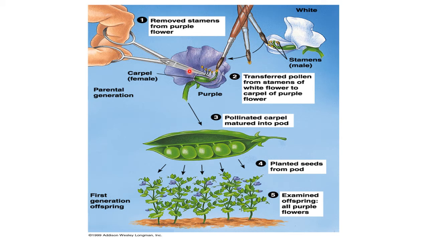So we have our male and female parts. Now, he used that to cross pollinate. So here we have our white and here we have our purple. And he used it to crossbreed or to hybridize the plants, where we got all of the round pods and all purple flowers. And that was the first generation offspring.